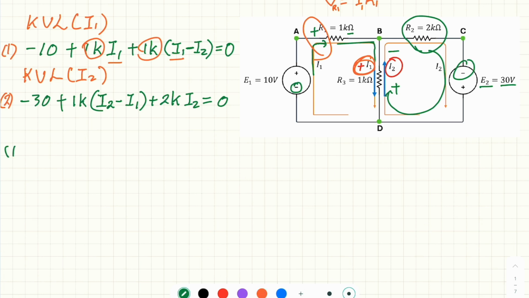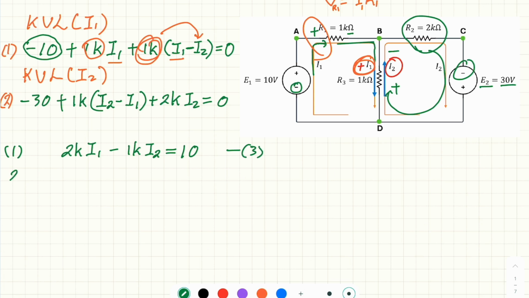So from equation 1, we'll get 2K I1. For the mesh current I2, we'll get 1K, minus I2, so minus 1K I2. And I want to put the negative 10 to the other side of the equation. So this becomes positive 10. This is our equation 3.